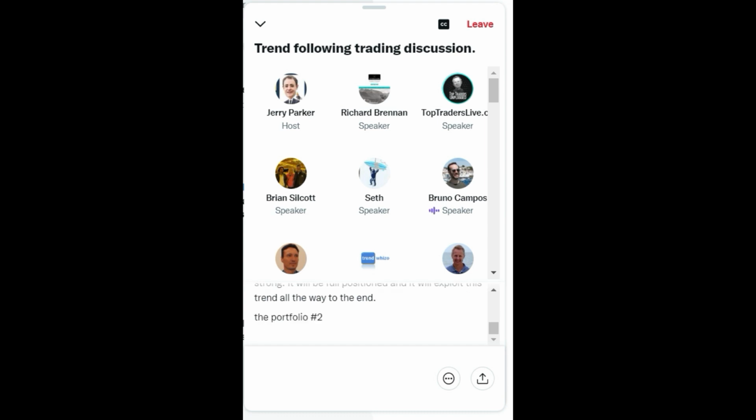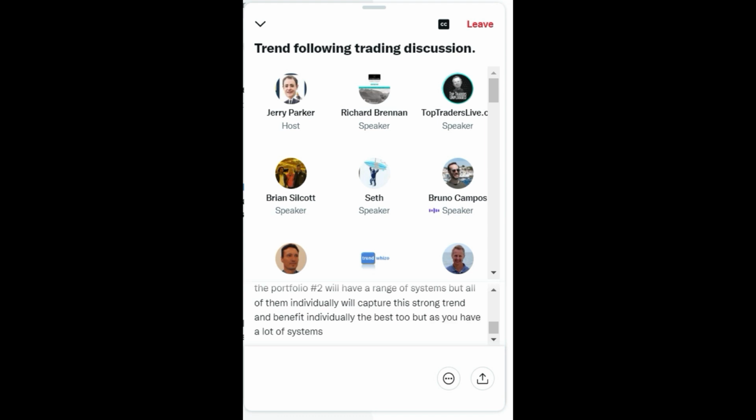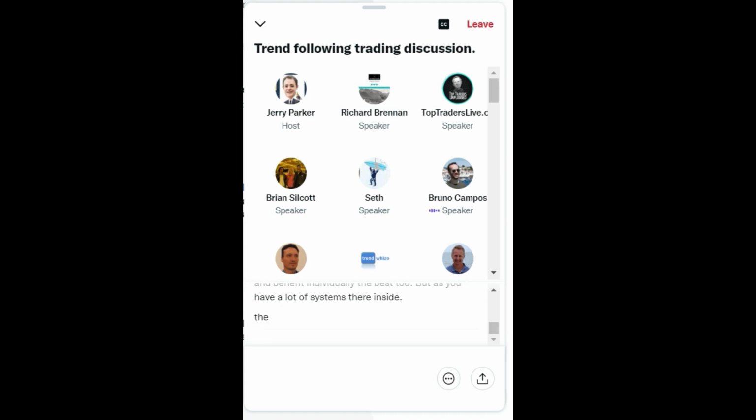Portfolio number two will have a range of systems, but all of them individually will capture this strong trend and benefit individually the best too. But as you have a lot of systems inside, the return of each system will be small. But because you have a range of them, the return of the portfolio will be supposedly as good as portfolio A that has one system.